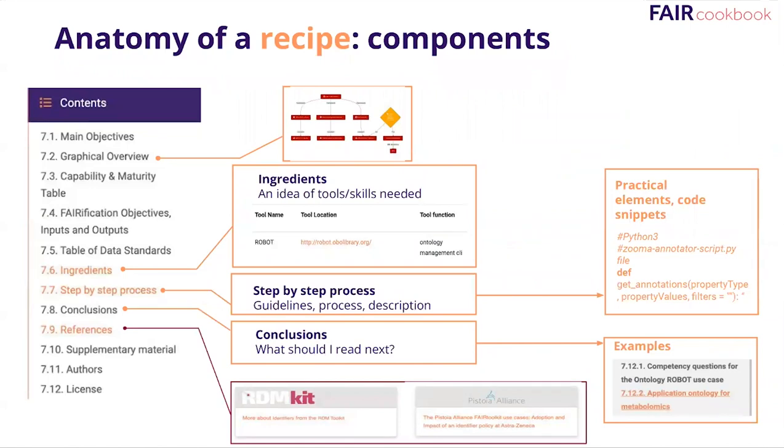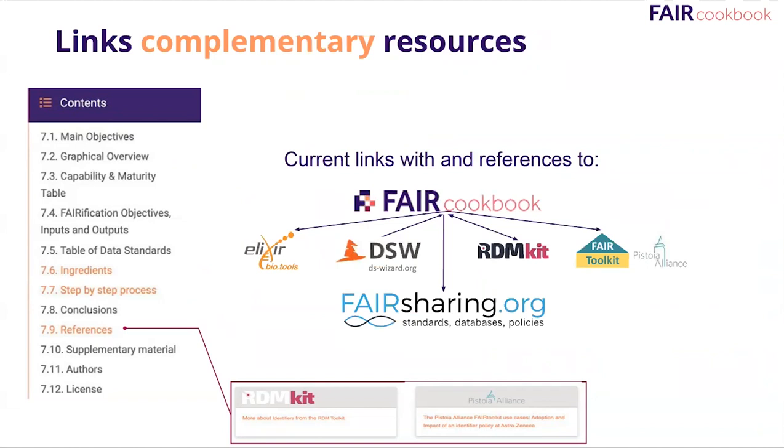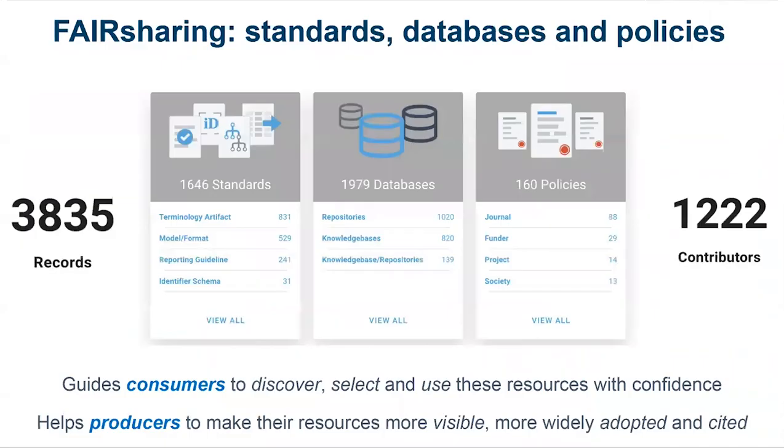There is text guidance, there are some graphs, there is some code, sometimes it's actionable, sometimes it's not. And there are also connections to other resources. So for example, if we want to point you to standards and tell you what type of standard is relevant for a certain data type that you are verifying, then we will point to FAIRsharing.